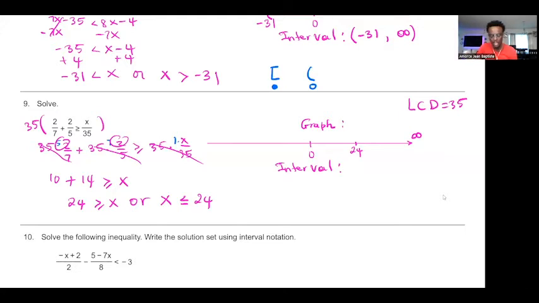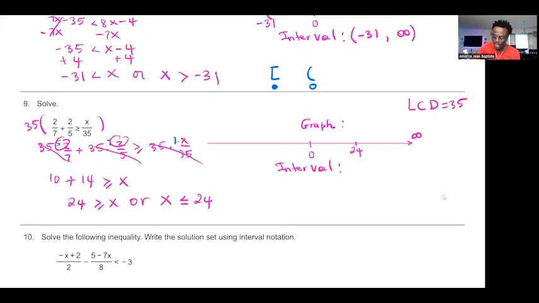And now, since it's less than with the x, with the variable on the left side of the equation, less than and variable on the left side means that we are heading toward negative infinity to look for the answers, the solutions of this problem.